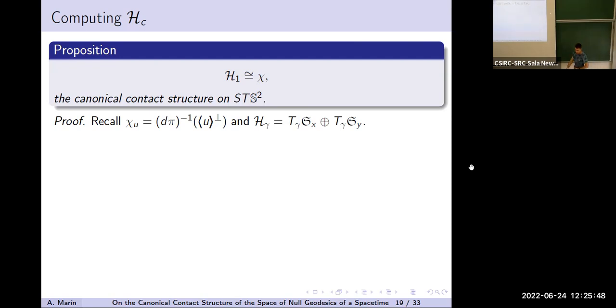And let me explicitly tell you what this diffeomorphism looks like. So recall I'm here drawing this is S2 times 0. And I have some light geodesic here. This is the picture I've been showing you.